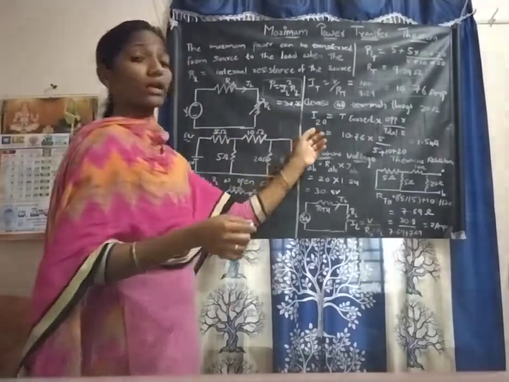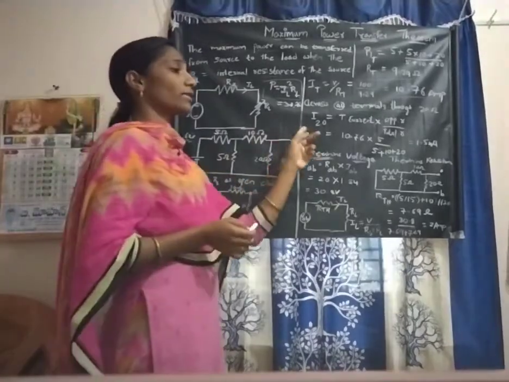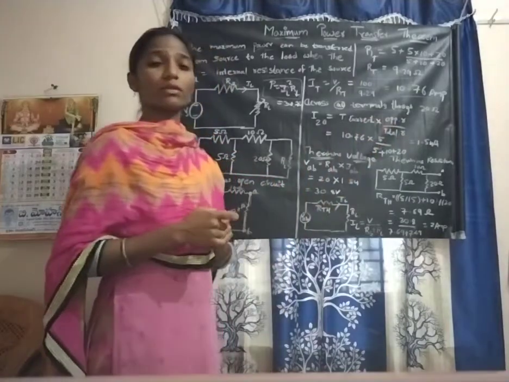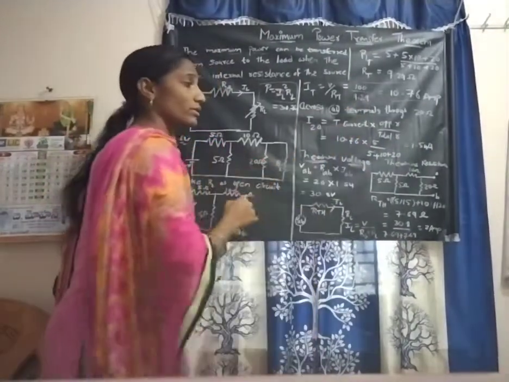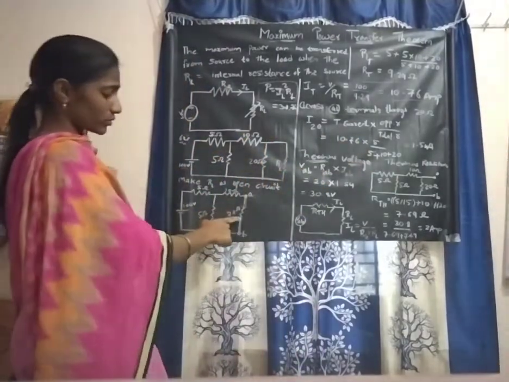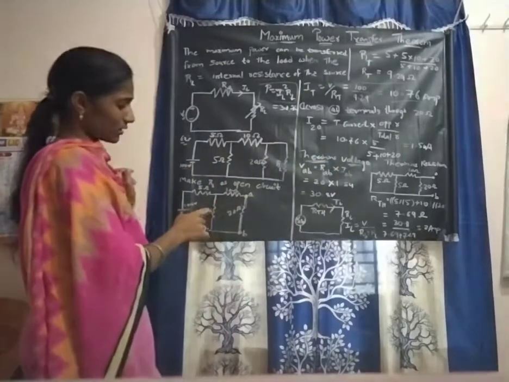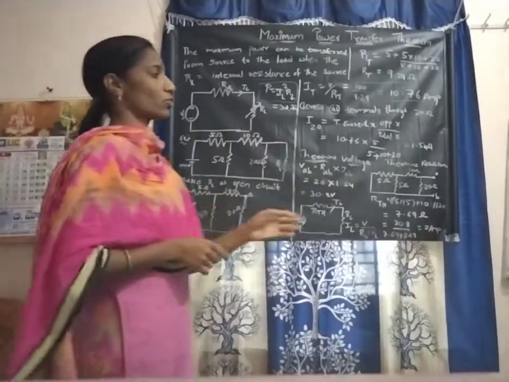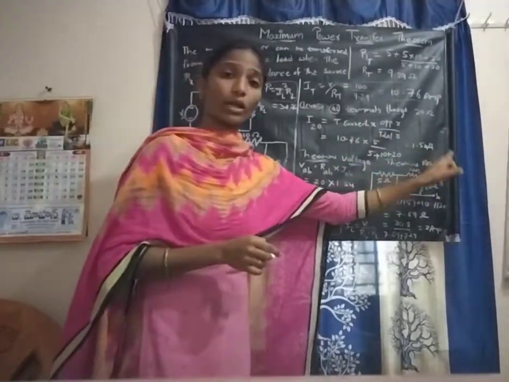To calculate it, I20 equals total current into the opposite resistance divided by the total resistance. The total current is 10.76, multiplied by the opposite branch resistance, 5 ohms, divided by 5, 10 and 20. After calculating, we get 1.54 amperes.